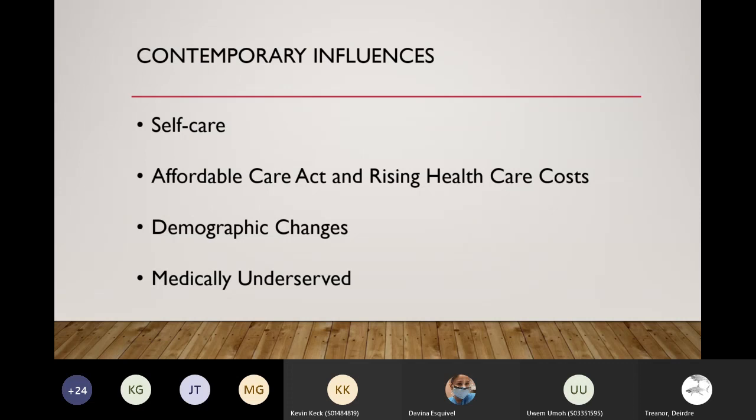Mental illness, homelessness, all of that contributes to being underserved. The number of patients who are going to need palliative care, which is not the same as hospice, is increasing. Palliative care is comfort, but it's not end of life. And the cost of providing home-based care is also increasing. So there are a lot of issues and influences on how nursing is currently.